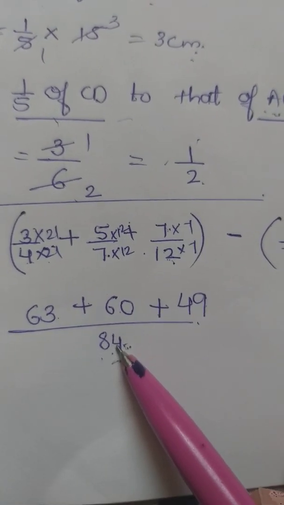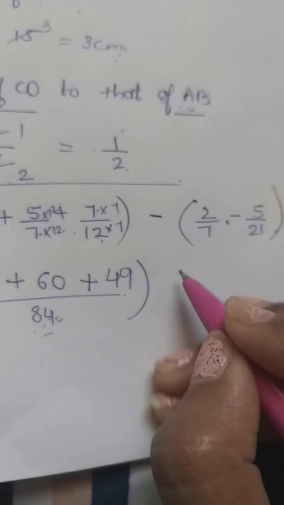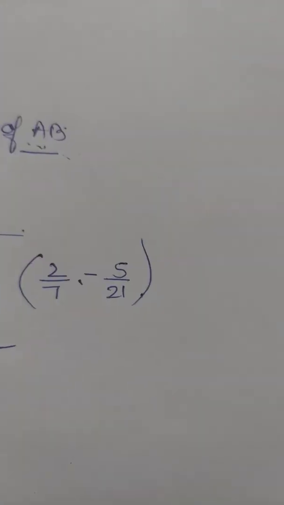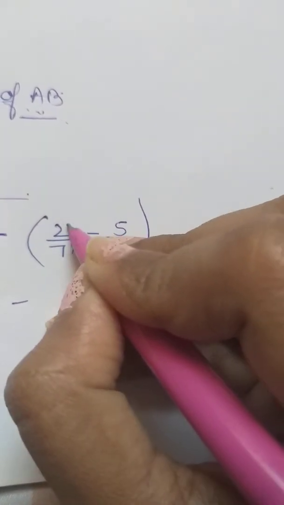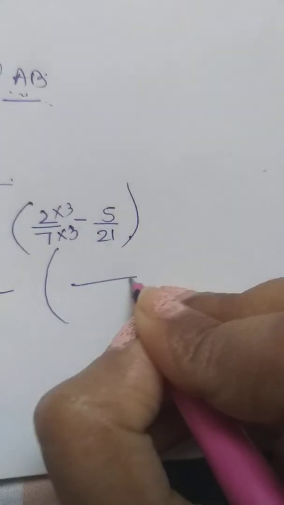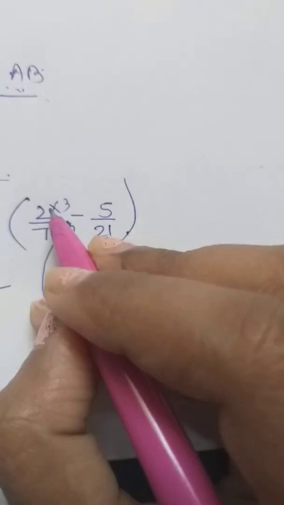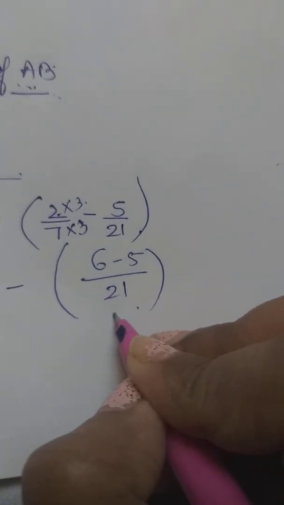So the denominator is the same here, 84. Minus, now this side: 7 3s are 21, so we'll write 21 in common. 2 3s are 6, minus 5 by 21.